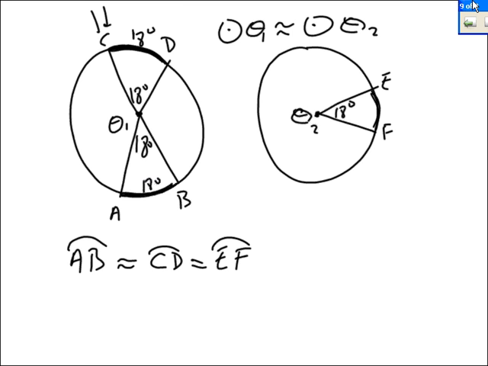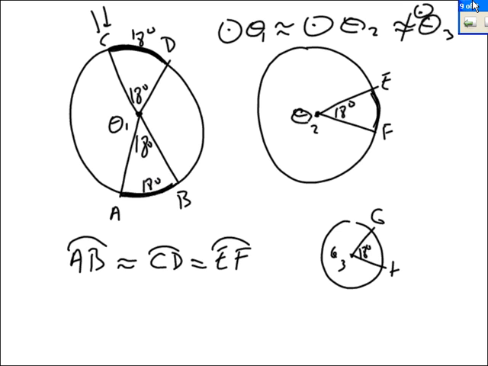Again, if it is not congruent to circle O3, maybe this one is smaller, center is O3, and the central angle is 18 degrees, arc GH is not congruent to arc AB, arc CD, arc EF. This is a bit smaller.